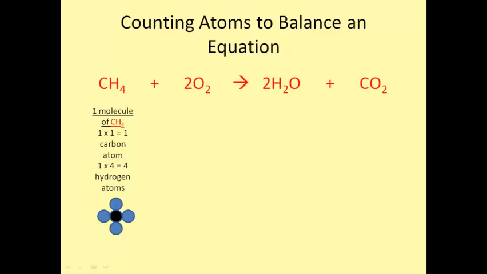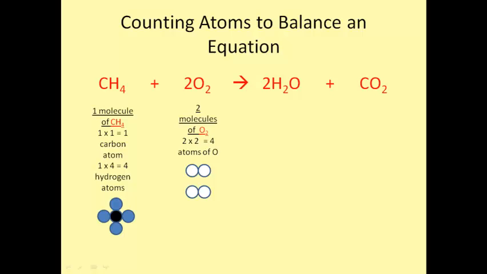The black circle represents the single carbon atom, and the 4 blue circles represent the 4 hydrogen atoms. It combines with 2 oxygen molecules, and the 2 molecules of oxygen have a total of 4 atoms of oxygen, 2 in each one of the molecules. It would look something like this. Here we see 2 molecules of oxygen.